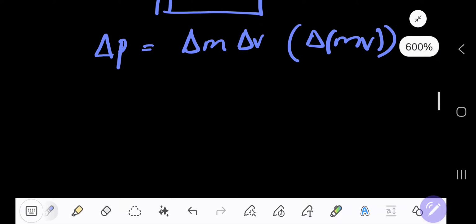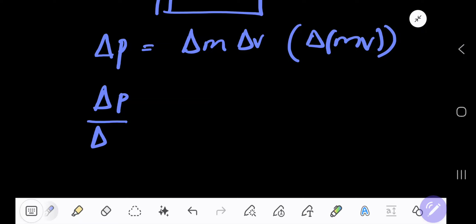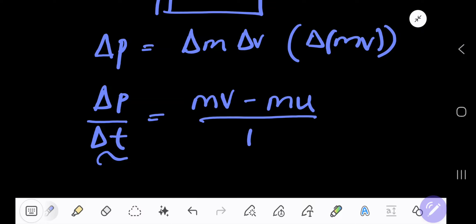So there is a derivation, and this derivation says that the change in momentum over a certain period of time equals the final mass and velocity of the body minus the initial mass and velocity of the body.